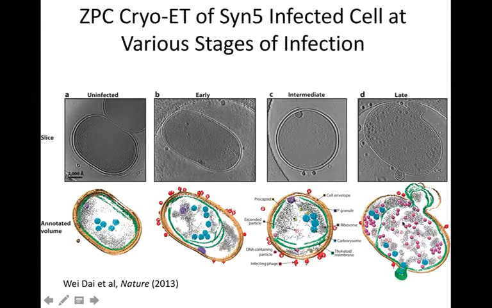For example, this one has lots of bacterial phage inside the cytosol. We consider this the late stage of infection. And here we call it intermediate stage because we only see a few newly synthesized phages. And then we call it early infection because we only see phages outside but none inside at all, and this is an uninfected cell.